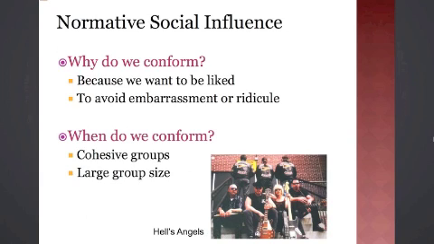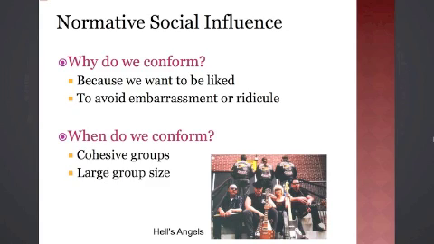Looking more closely at normative social influence, again, this is our peer pressure. It's our conformity because we want to be liked or we want to avoid rejection or embarrassment. This influence tends to be most intense with very cohesive groups. And what cohesive means here is the attraction of the group for its members.